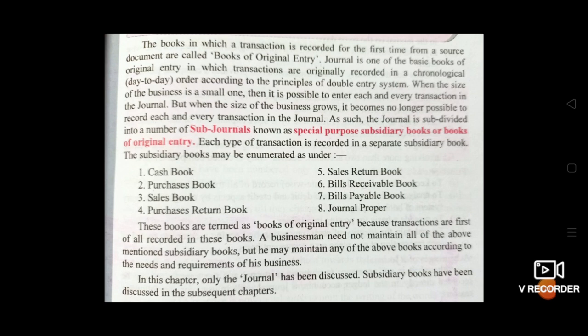The ledger is called the principal book of accounts, as all the accounting information can be obtained from the ledger. We will discuss only the journal in this topic.